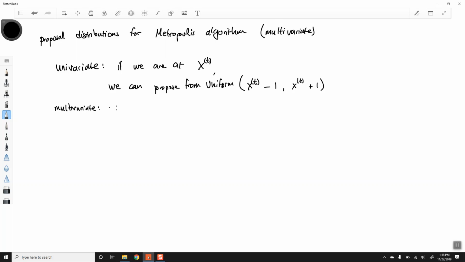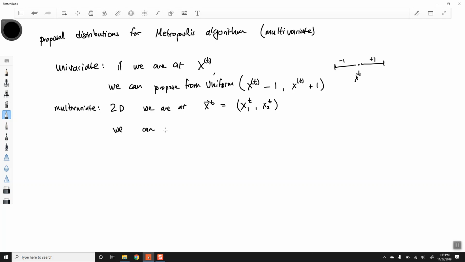So let's just do the 2D case. Basically, here's x at time t, and we would go plus 1, minus 1, okay? So in the 2D case, we are at xt, which is some two-dimensional point, x1 at time t and x2 at time t.